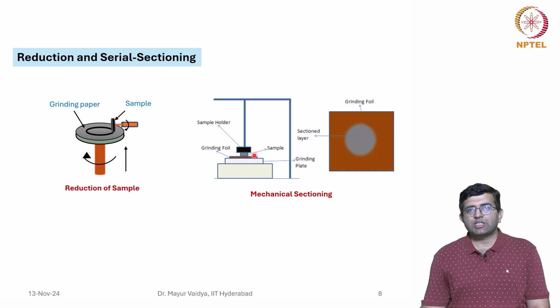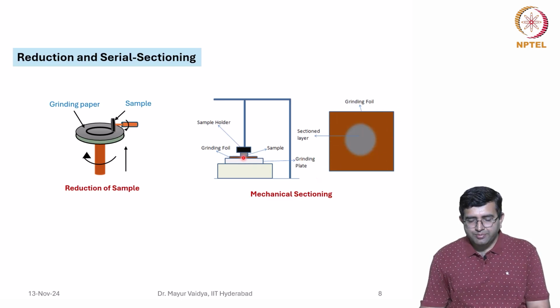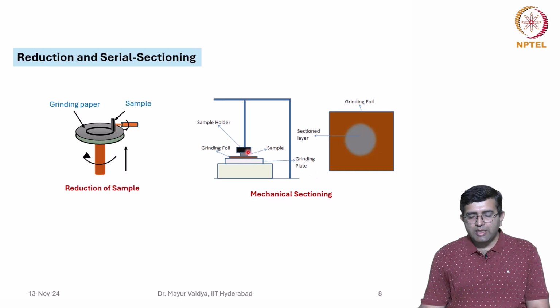Mechanical sectioning, the schematic looks like this. You have a grinding plate here on which you put a grinding foil. The foil looks something like this. This is a Mylar foil, and on this foil is your sample, inverted and attached to the sample holder.